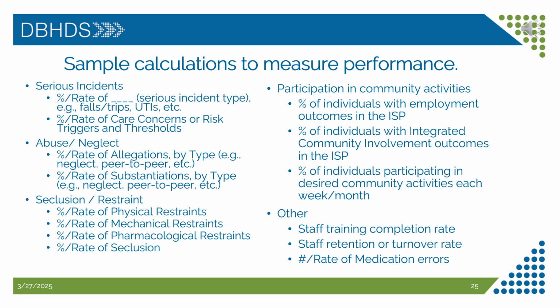You could measure performance related to individuals participating in community activities, related to integrated community involvement or employment. You could also measure calculations related to staff retention or staff turnover or medication errors.